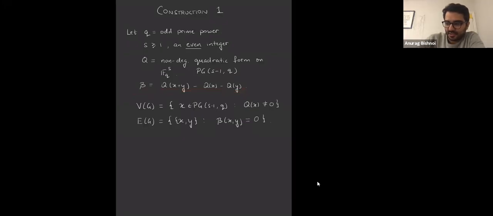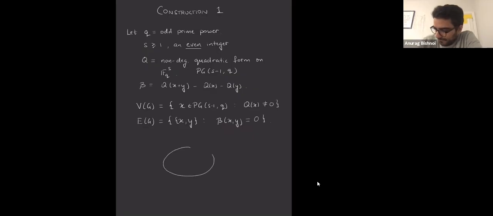Now our vertices are all the points in the projective space which do not lie in this quadric, so where Q of x is non-zero, and the edges are defined by orthogonality. So two vertices are adjacent if their dot product, beta of x comma y, is 0. Okay, so let's draw this.